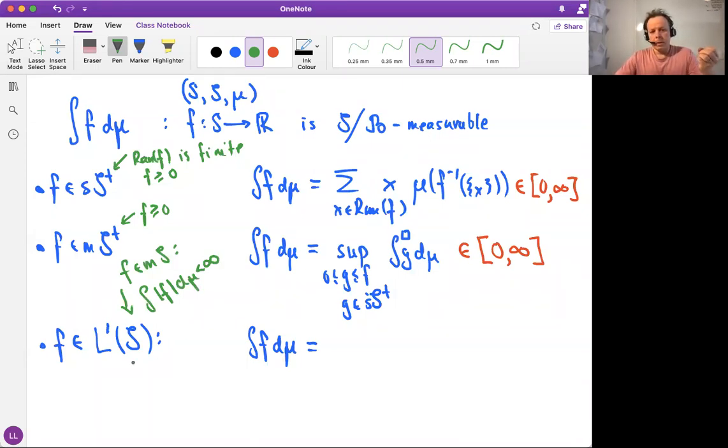Does this definition make sense here? If we have a measurable function and then we take the absolute value, is that a measurable function still? Yes, it is, because the absolute value is a continuous map. So when we take the composition of measurable and continuous, we will get again a measurable function.